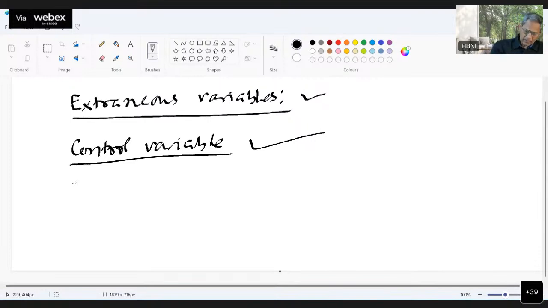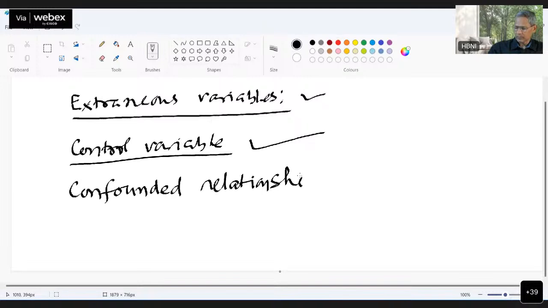Then something called confounded relationship. You always want to minimize the effect of extraneous variable.